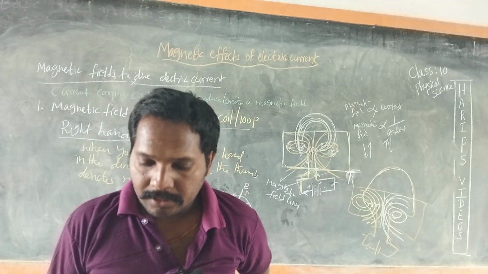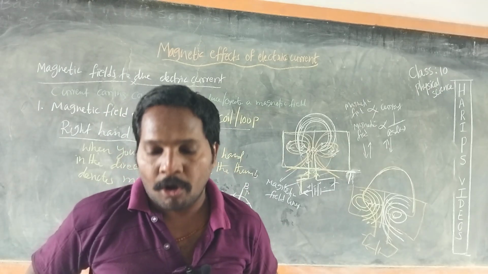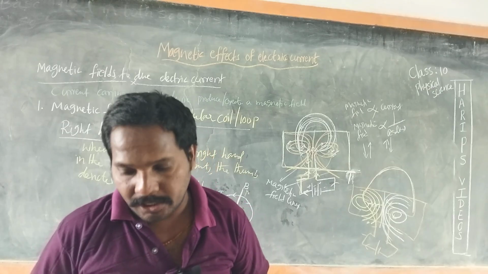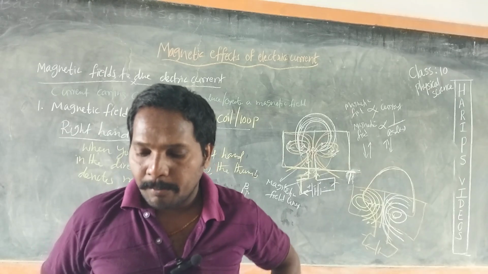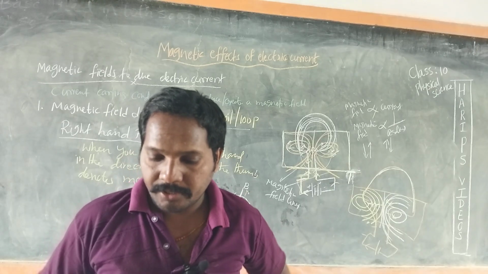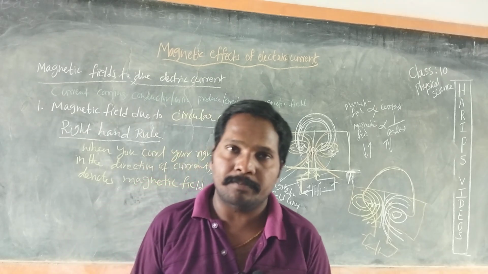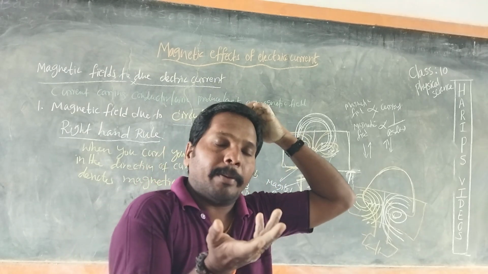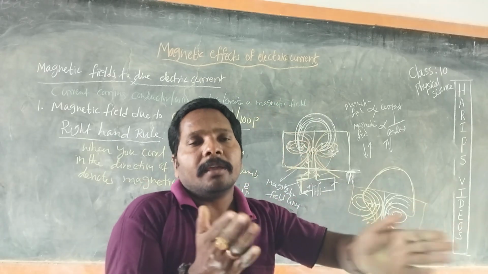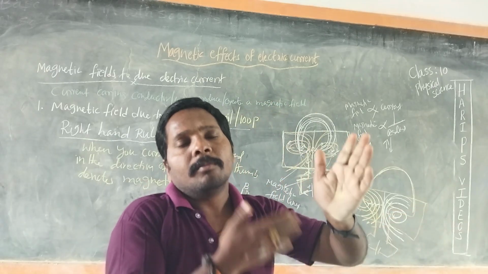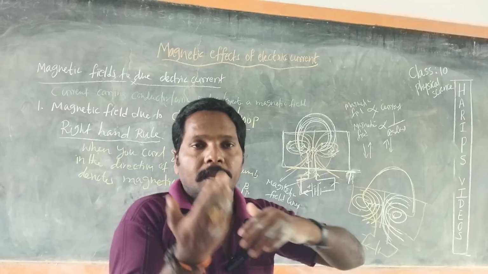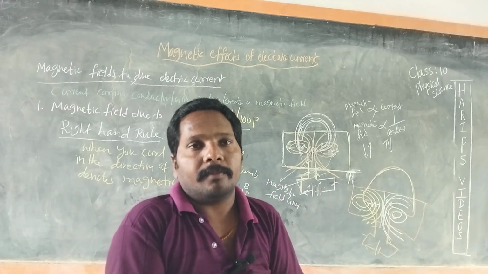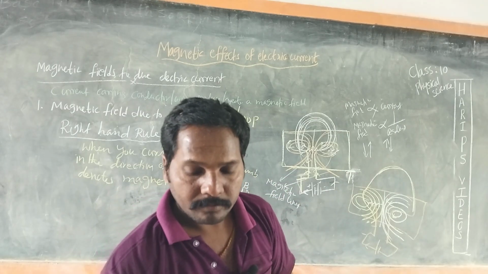This is because the current in each circular turn flows in the same direction, and the magnetic field produced by each turn just adds up. So the field depends on the number of turns. With more turns, more current is passed in the same direction, giving more magnetic field.